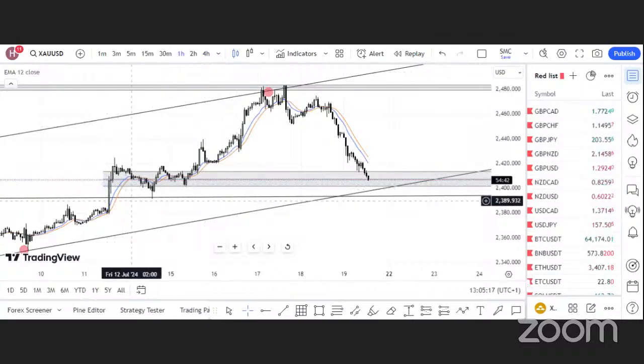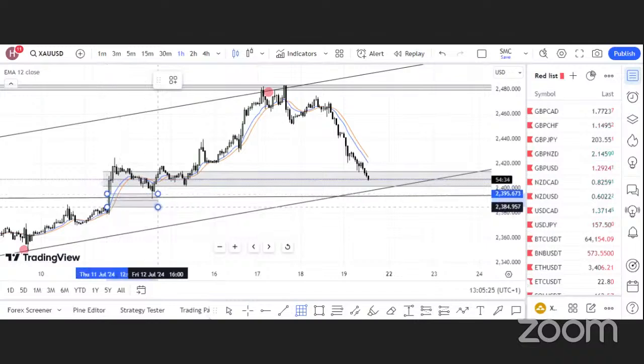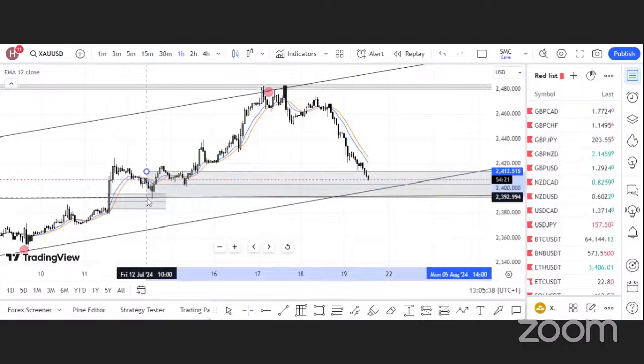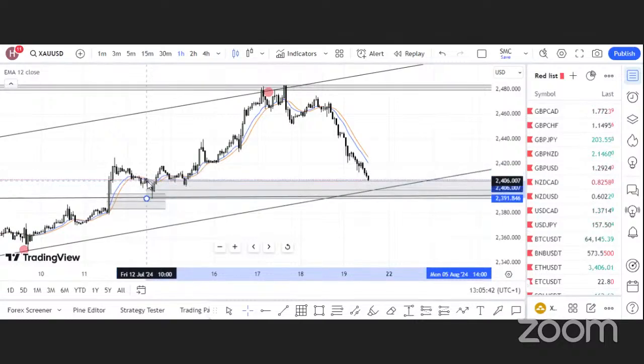So on the 1 hour time frame, we have a few points of interest. We have this first one here, which is our fair value gap where the market had previously rejected from. And then we have this zone.